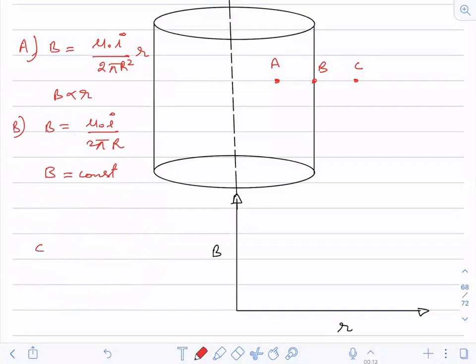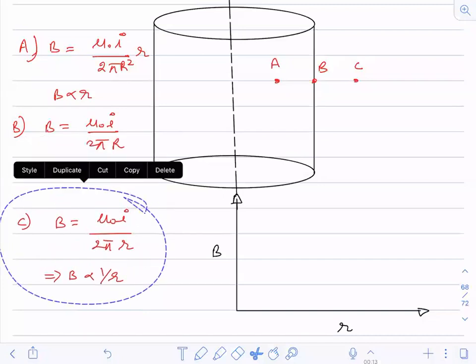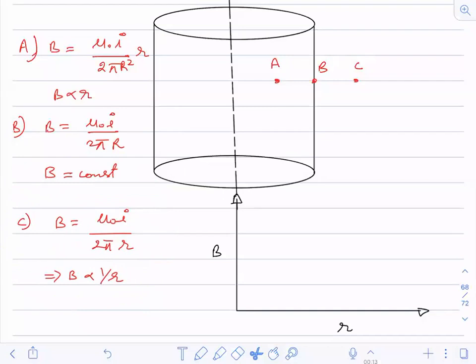And at point C, the magnetic field value, you wrote it as mu naught I by 2 pi small r. This implies B is inversely proportional to r. So this is at point C. For this only we are trying to draw the curve now.